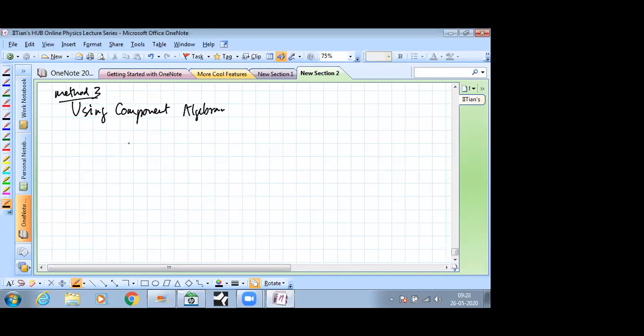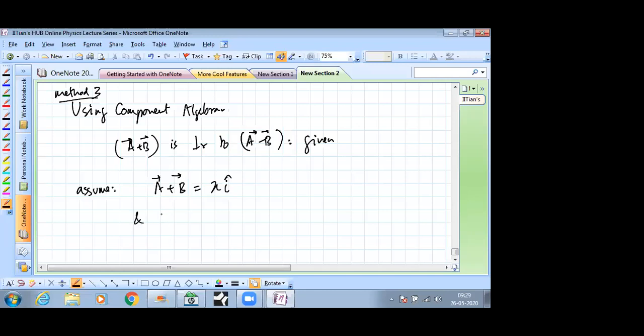what you can do is A plus B is perpendicular to A minus B. Okay. That is the given condition. So assume A plus B is equal to some unknown x i cap and A minus B is some unknown y j cap.